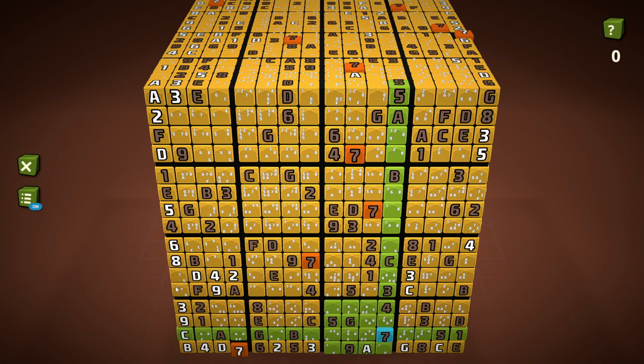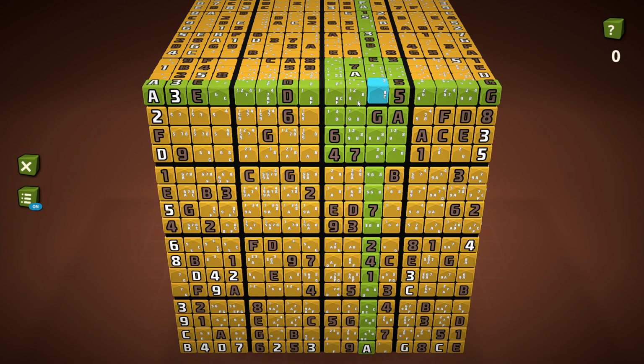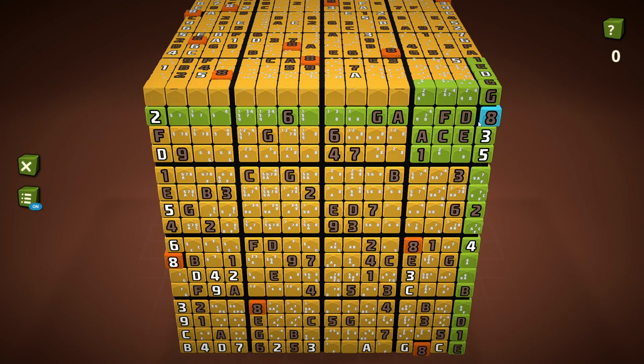Oh. One of these two has to be the 8 in this square, because the rest of them can't have an 8 on top.